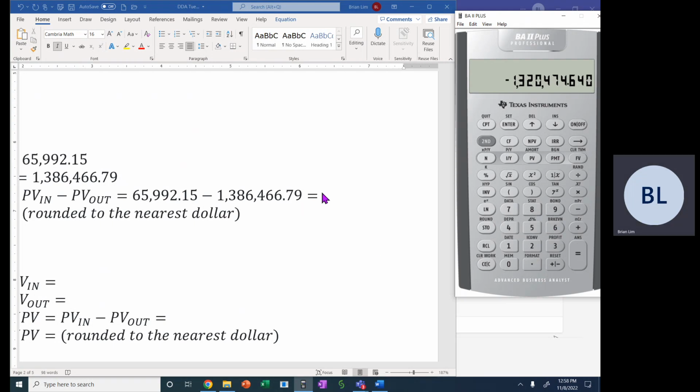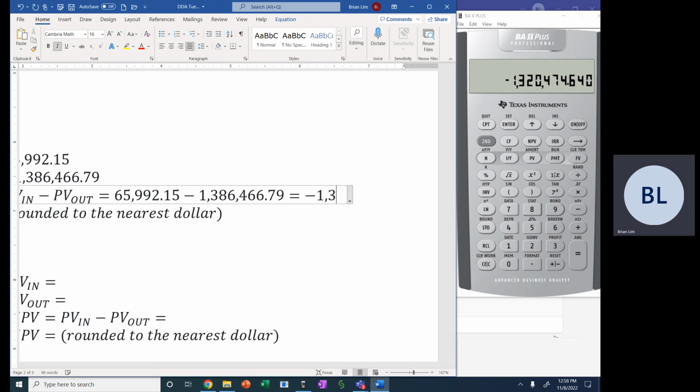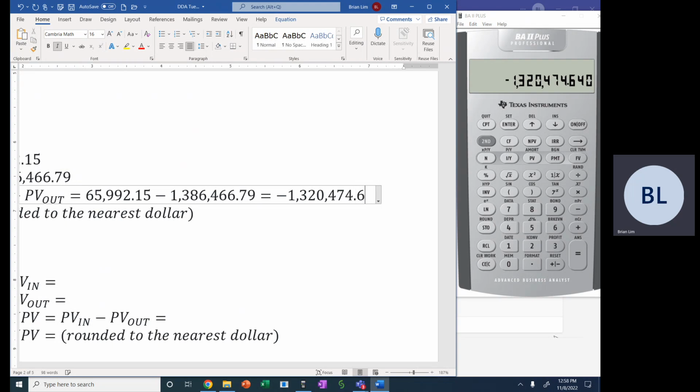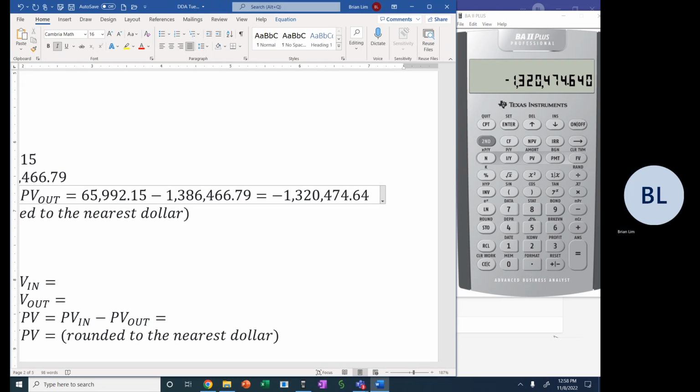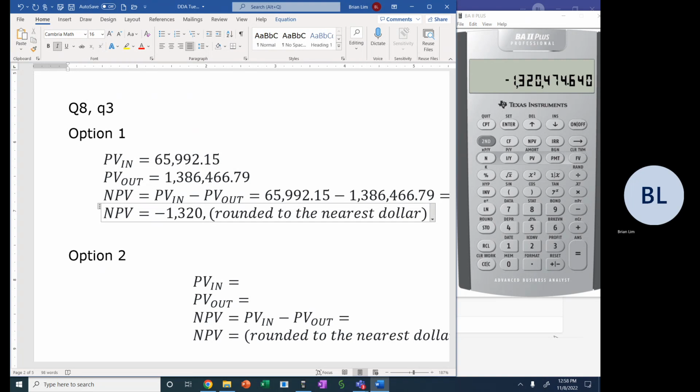And with that, we come up with a negative number, negative $1,320,474.64. If we round that to the nearest dollar, we will get an answer looking like negative. We have to carry that negative sign. 1,320,474. It would be 475 because it's rounded to the nearest dollar. So there we are.